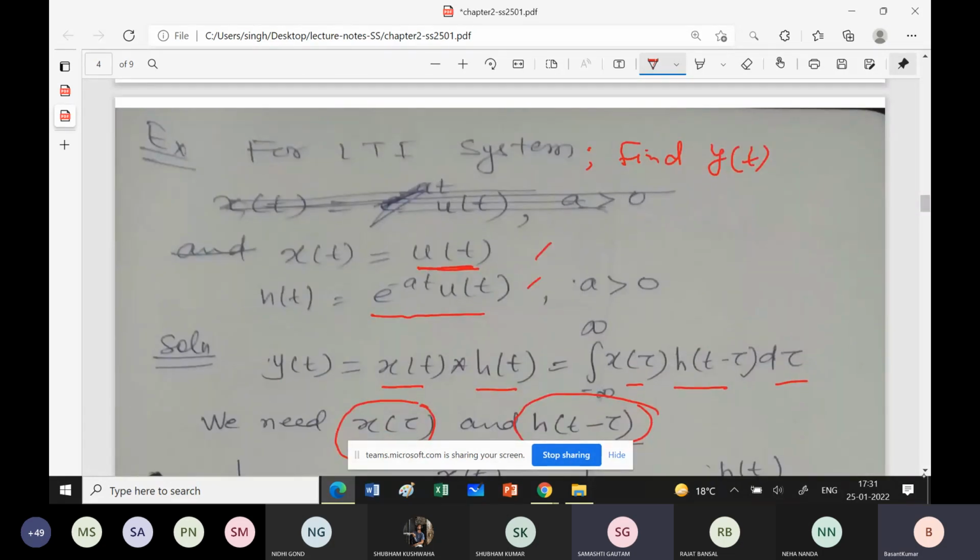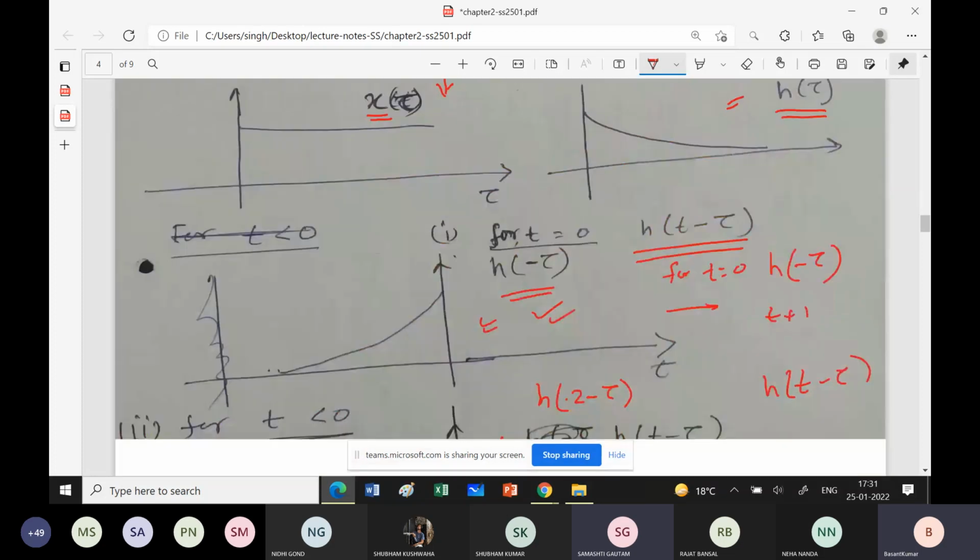ये दोनों इक्वेशंस हैं, इसको लिखिए, मल्टीप्लाई करिए.